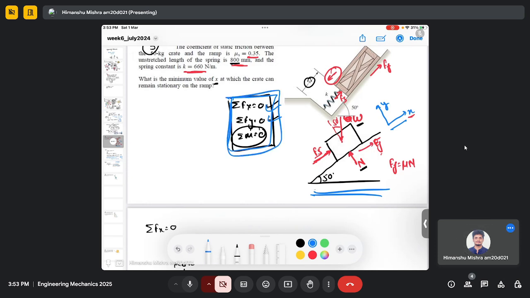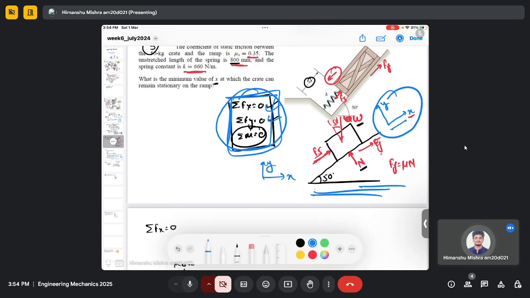In fact, in the previous weeks we saw that almost all the problems in statics can be solved by these three equations. The only thing you need to do is to make the free body diagram, identify the forces, and make a suitable coordinate system, either an inclined one or the regular one like this.